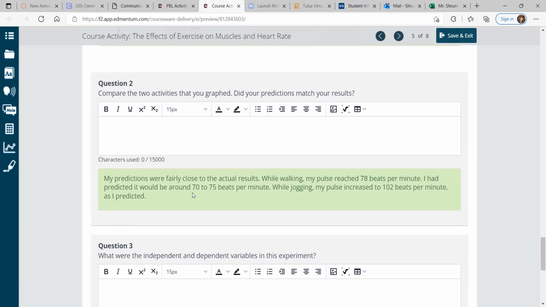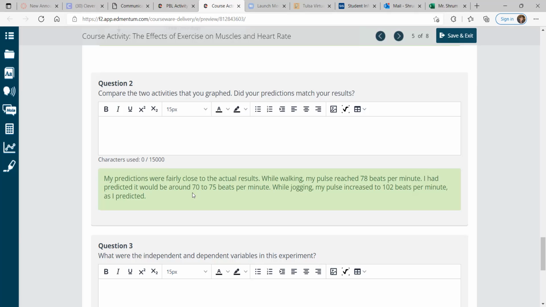Now we want to compare the two activities on the graph. Did your predictions match your results from before? It says, while walking, my pulse reached 78 beats per minute. This person, for example, predicted 70 to 75. While jogging, my pulse increased to 102 beats per minute as predicted.